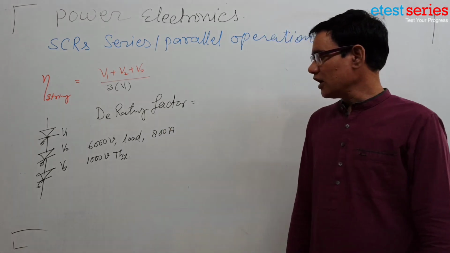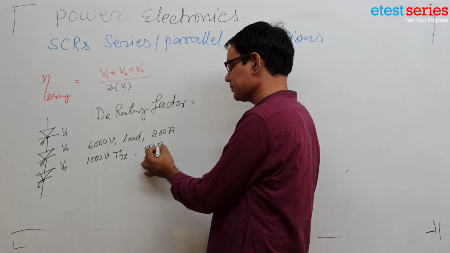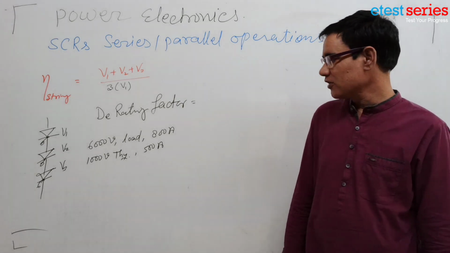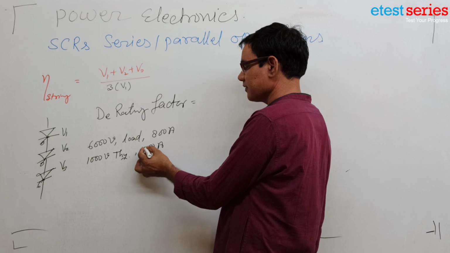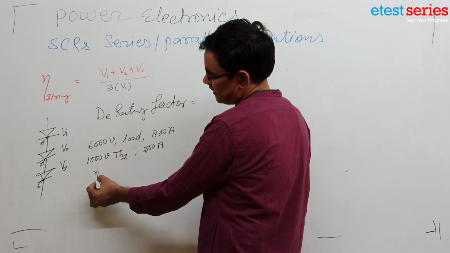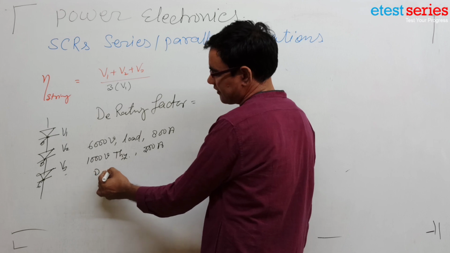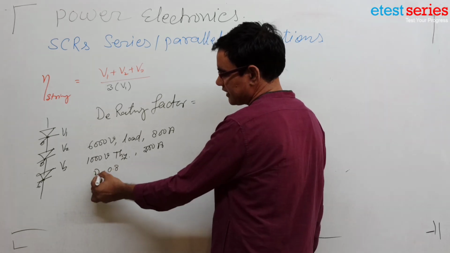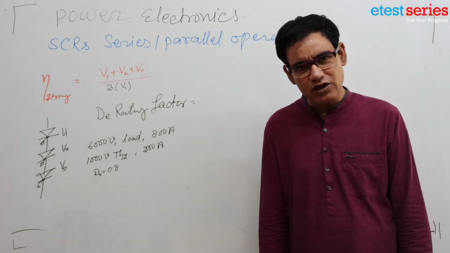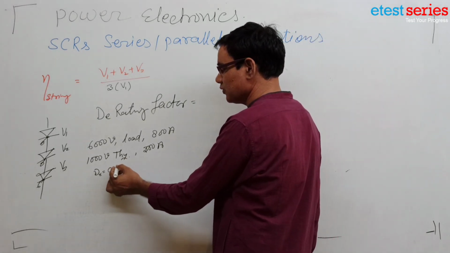One SCR rating is 1000 volt and the current rating is 300 ampere. The derating factor is 0.8. Then find out how many thyristors are required in series and how many in parallel. Correction: the derating factor is not 0.8, the derating factor is 0.2.